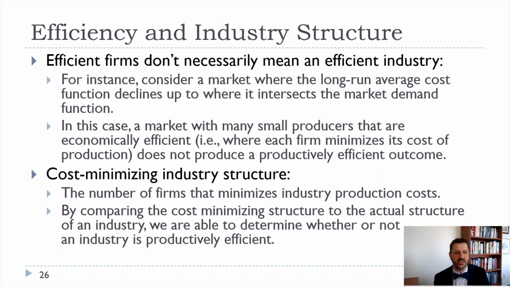What we would like to see in the long run is having the number of firms, whatever that number is, that minimizes industry production costs. Now, this can be a little tricky if we have a decreasing average cost curve, because that says that the more one firm produces, the lower is the cost, and so that's generally what we call a natural monopoly.